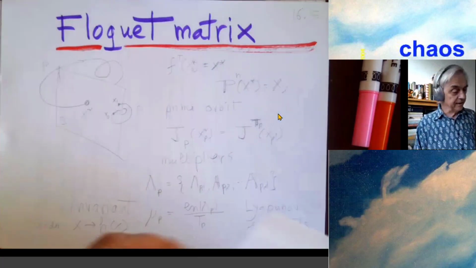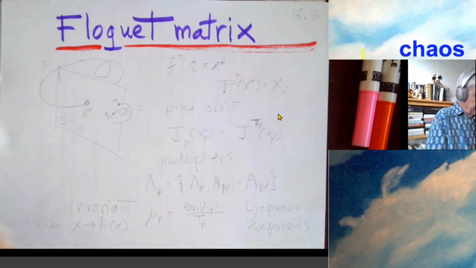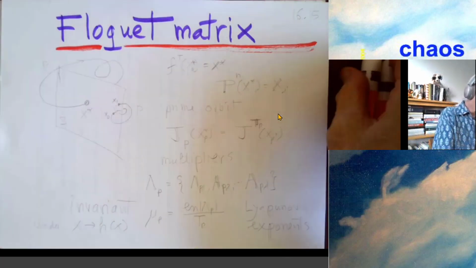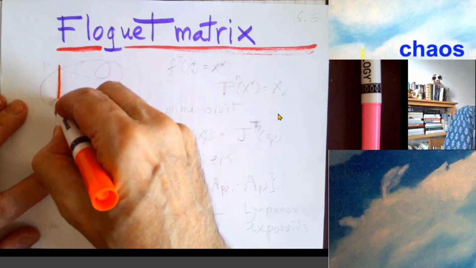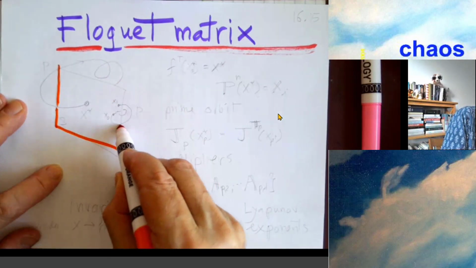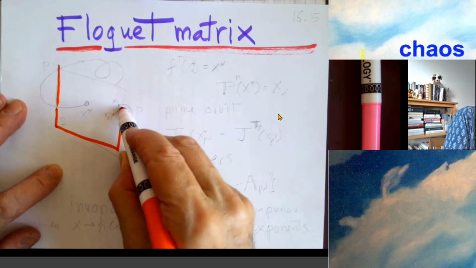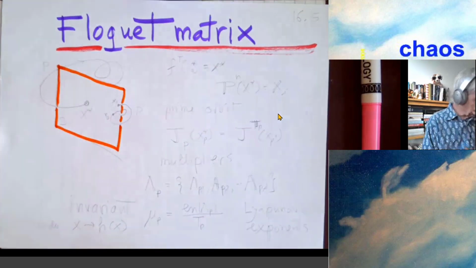Floquet matrix is magically much more invariant, and it's associated to periodic orbits. So we will find that periodic orbits are not just cute, but kind of fundamental to understanding things.